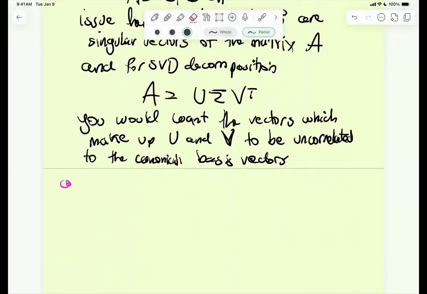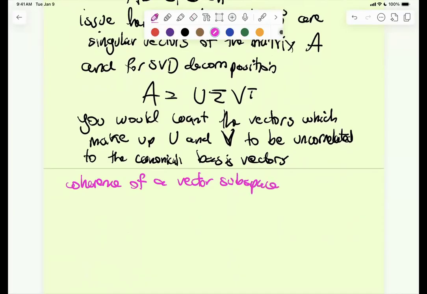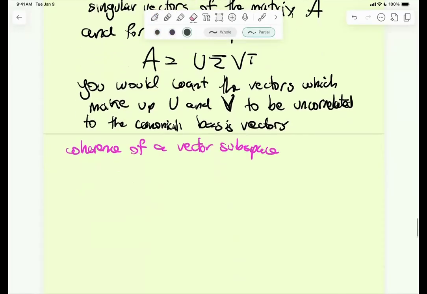What is the coherence of a vector subspace? It's good to start with a picture so that you can convince yourself of what should happen.